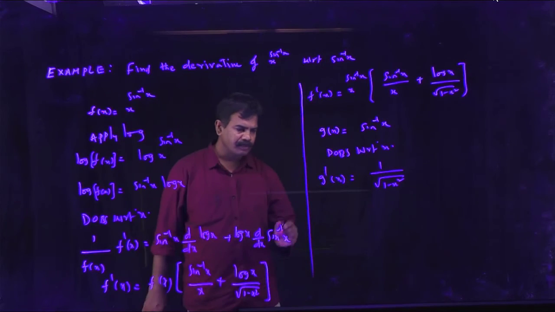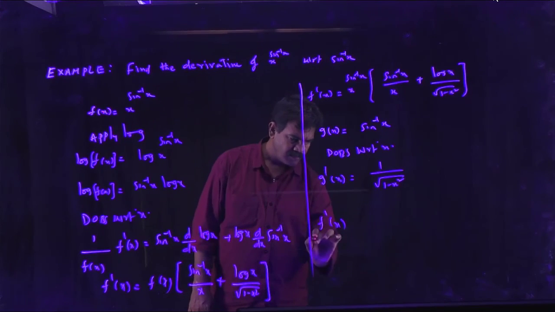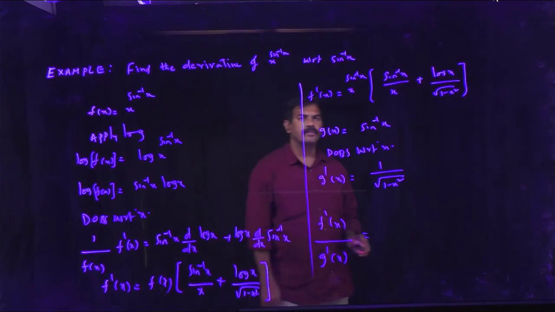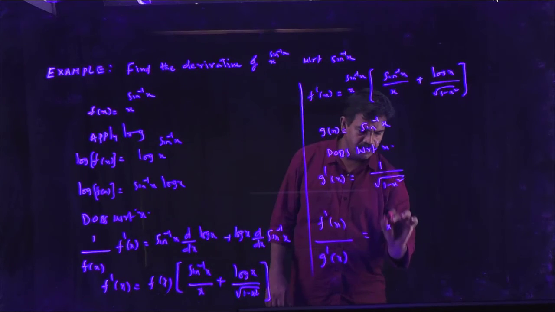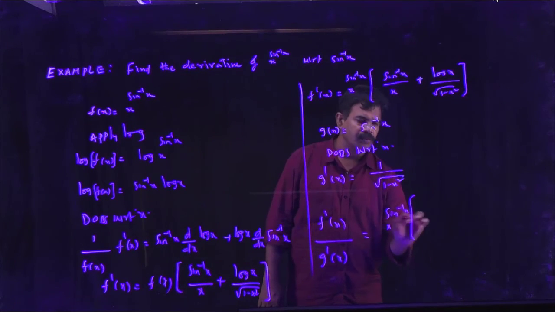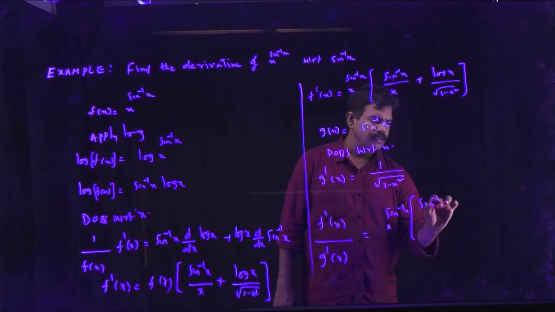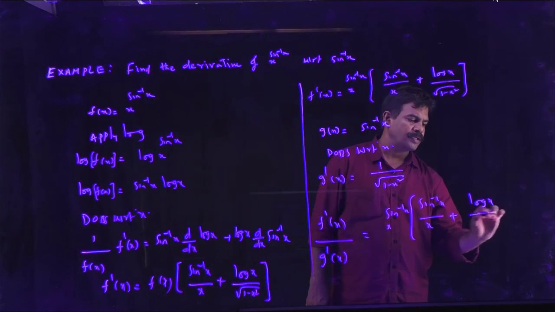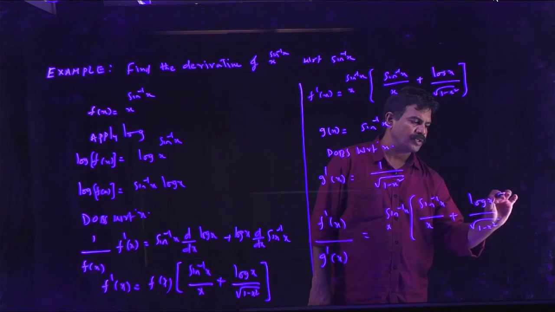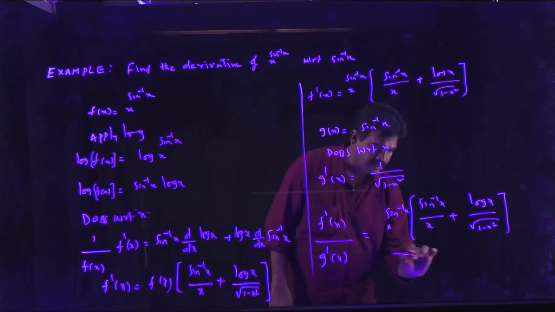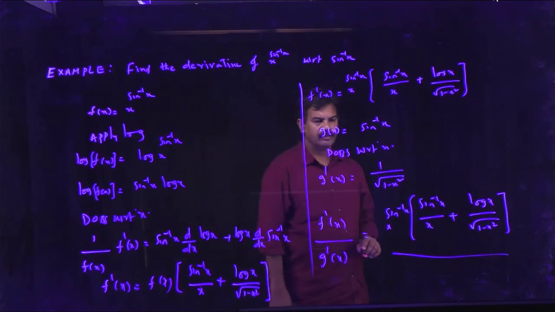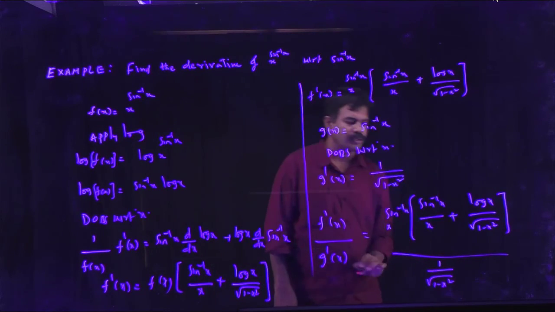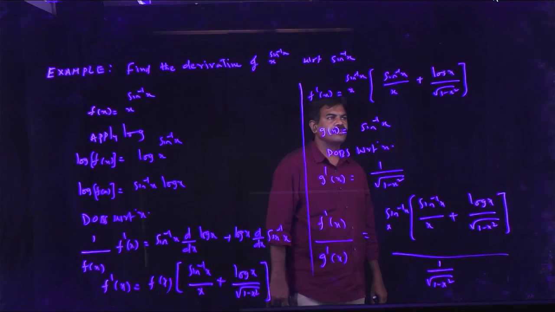We take f dash x by g dash x. F dash x by g dash x is equal to, we know that f dash x is equal to x power sin inverse x into (sin inverse x by x plus log x by root of 1 minus x square), divided by g dash x, which is 1 by root of 1 minus x square. So now take the LCM here.